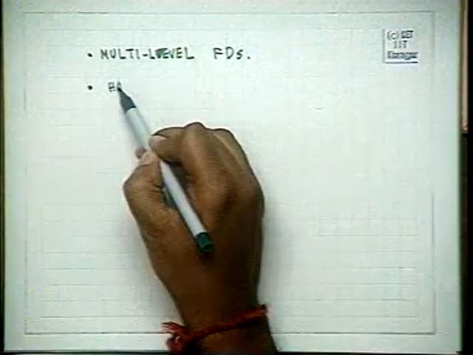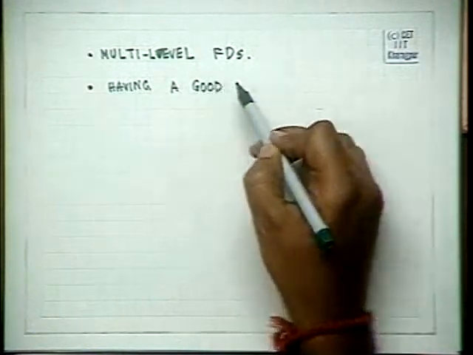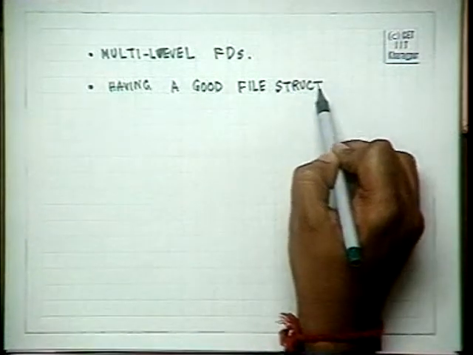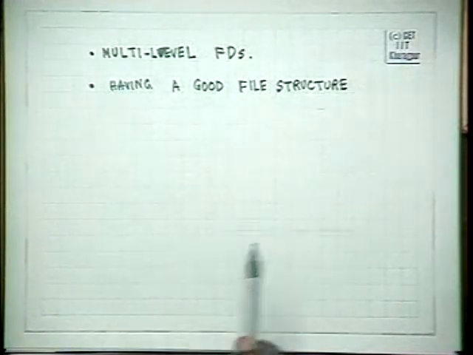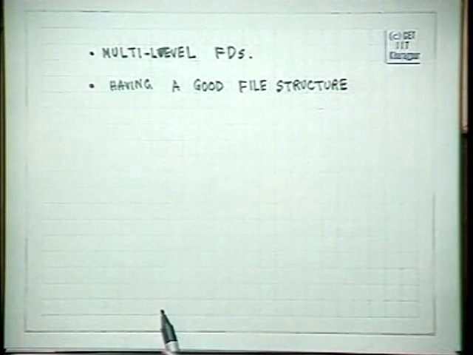Other ways of obtaining a good design or a good and optimized system is having a good file structure, in the sense that all these tables have to be finally converted into files, and how you organize your files depends very much on how quickly you are going to search and check the functional dependencies, answer your queries and everything.